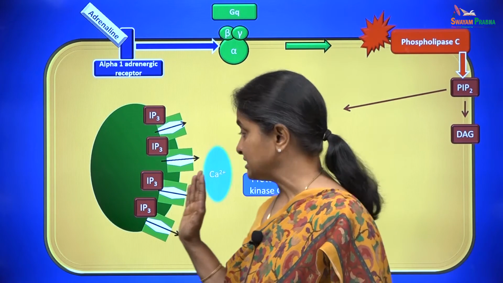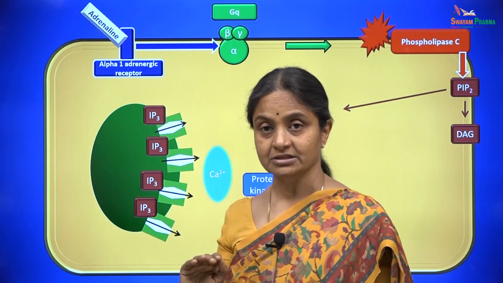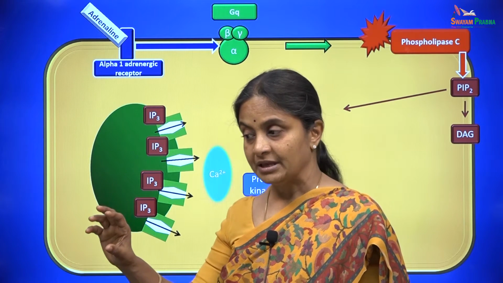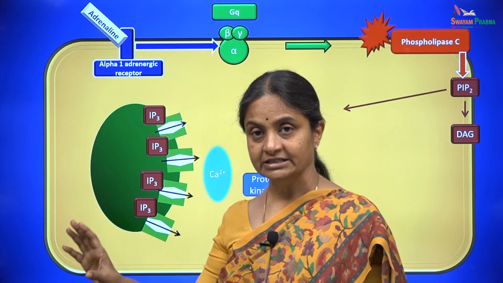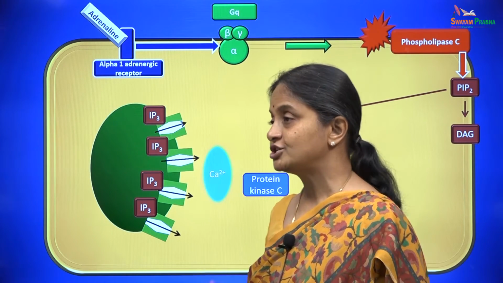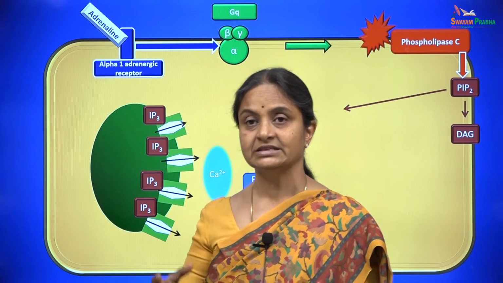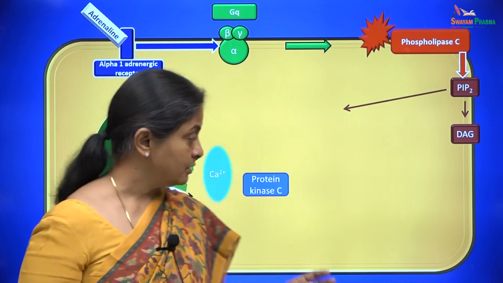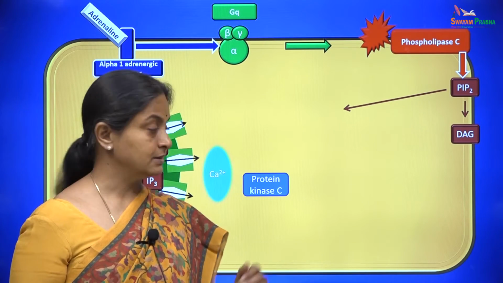Again, calcium per se can produce effects. We know that in muscle cells, calcium induces actin-myosin interaction in one or two ways. But in addition to its direct effects, calcium does something else.